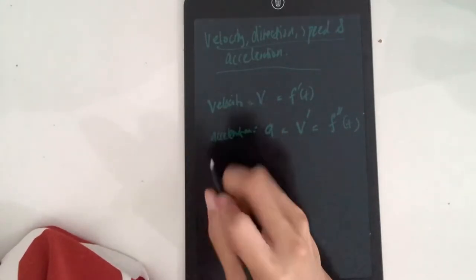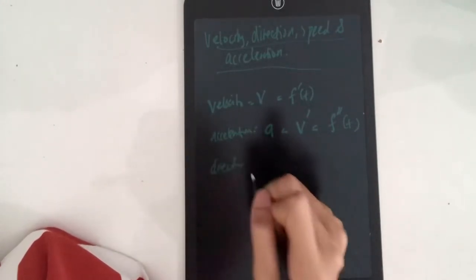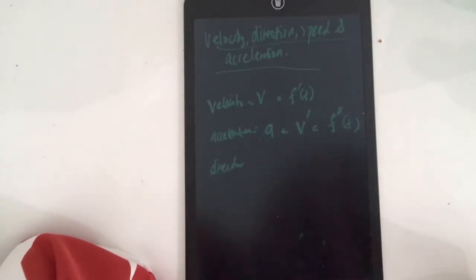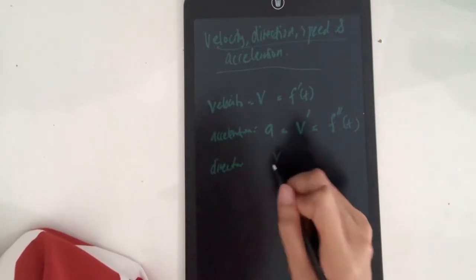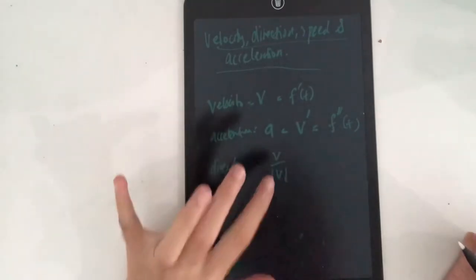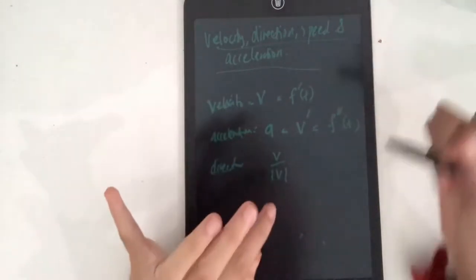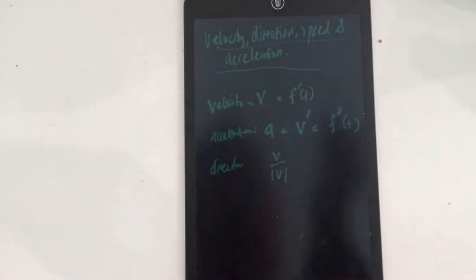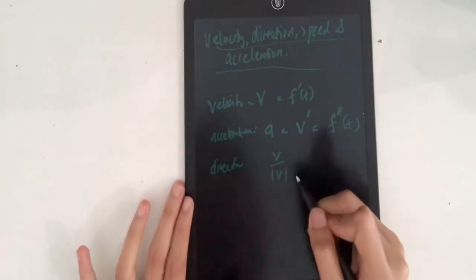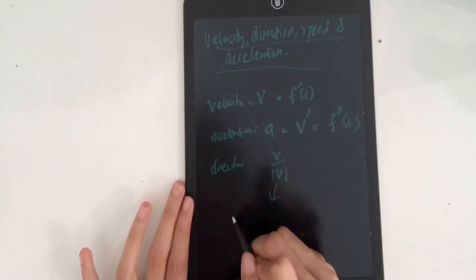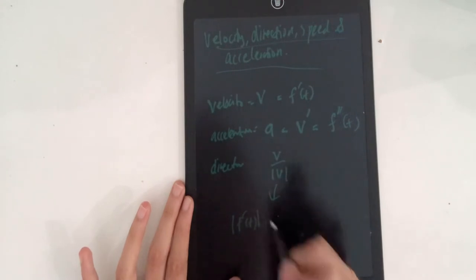And then how to get direction? Direction is about what we call the speed. Direction means that you just find out your v over magnitude v. Your v just now is f prime. So what is magnitude v? I write here magnitude f prime, since v is equal to f prime.